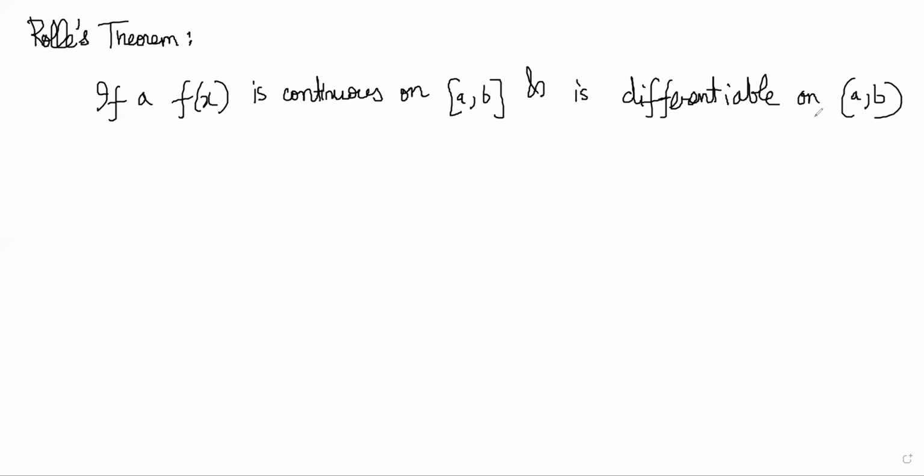It doesn't have to be differentiable on the endpoints, right? So if you have a situation like this, these endpoints are a and b, how will you check differentiability at an endpoint? Suppose at a, I want you to check differentiability. How would you check differentiability at an endpoint?